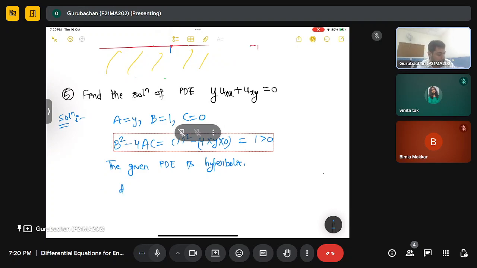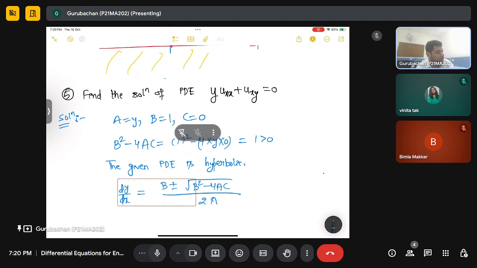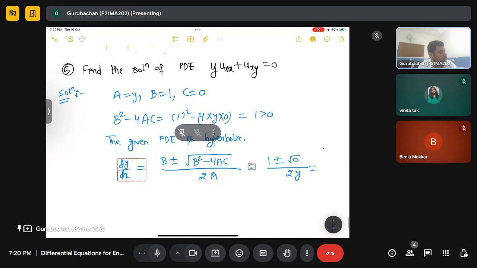So from the characteristic, we have to find out the characteristic curve, and that can be found out by the formula: b plus minus under root of b square minus 4ac divided by 2a. So this will be 1 plus minus under root of 0 divided by 2y. So this will give you 1 by 2y, and the other one is 0.